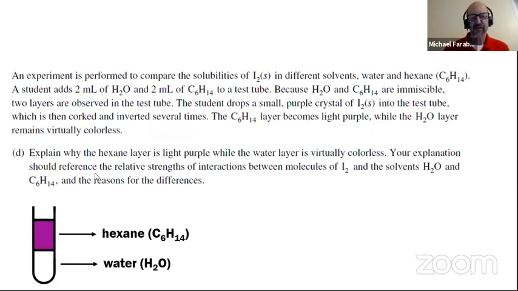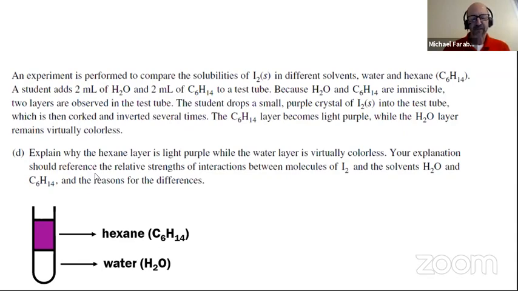And the hexane layer becomes purple. So explain why the hexane layer is purple while the water layer is colorless. Again, you should reference the strengths of interactions between the molecules of water and the solvents. I'm sorry, the molecules of iodine and the solvents H2O and C6H14.